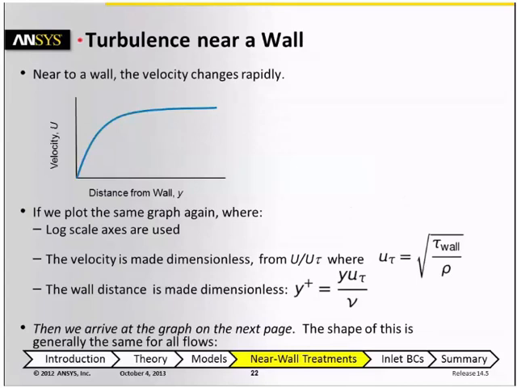Looking more closely at turbulence near the wall, we know that near to the wall, the gradients are high and the velocity changes quite rapidly, and the velocity profile versus wall distance might look something like this.